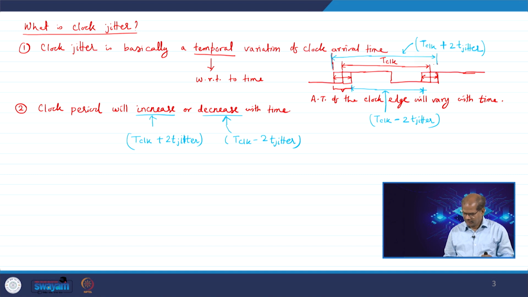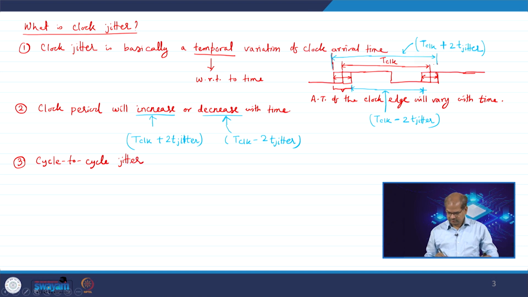Then we have cycle to cycle jitter. It means the time varying deviation of the time period.